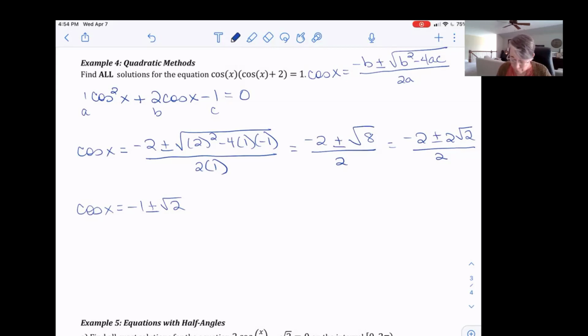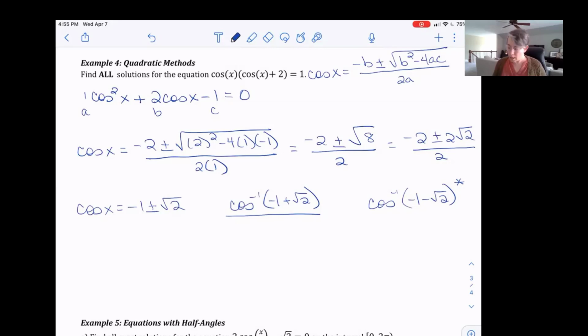Now, notice what happens when we do cosine inverse of -1 plus the square root of 2 as one value, and cosine inverse of -1 minus square root of 2. Something unexpected, or maybe expected, might happen there, and we'll talk about that when we get to it. So let's focus on the first guy. Let's go to our calculator.